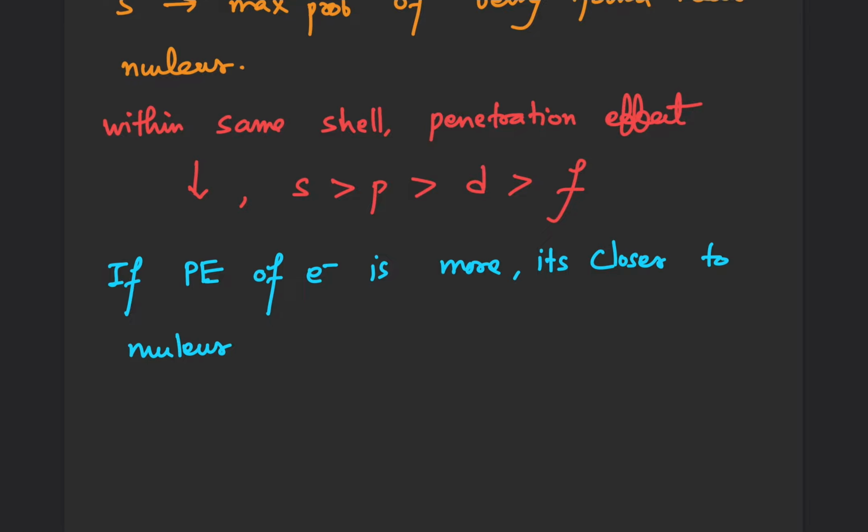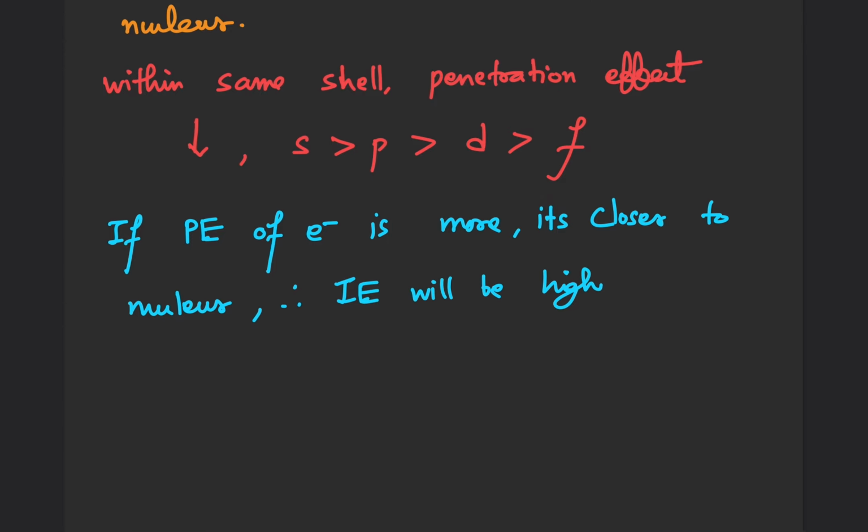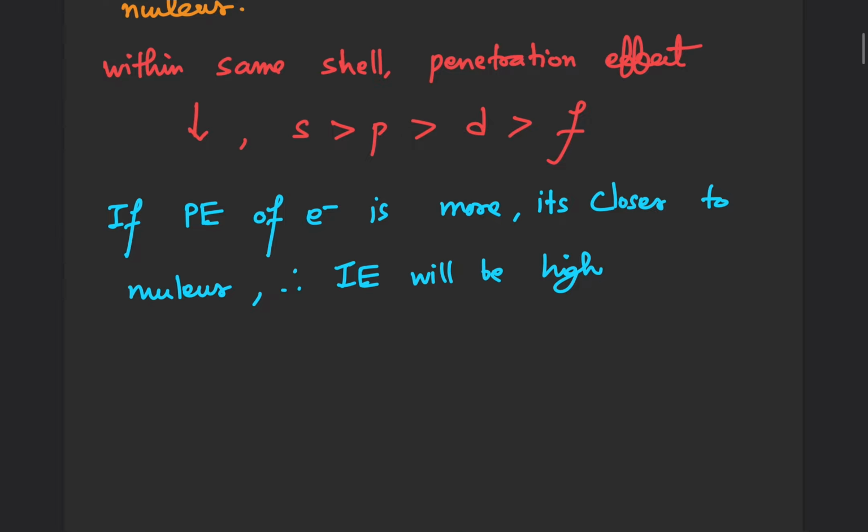If it is closer to the nucleus, it will be held more firmly by the nucleus. So therefore, ionization energy will be high. Okay, so therefore, ionization energy will be more to knock out an s electron than a p electron of the same shell, because s has more penetration effect compared to p.